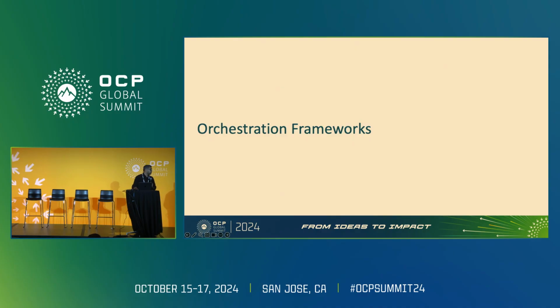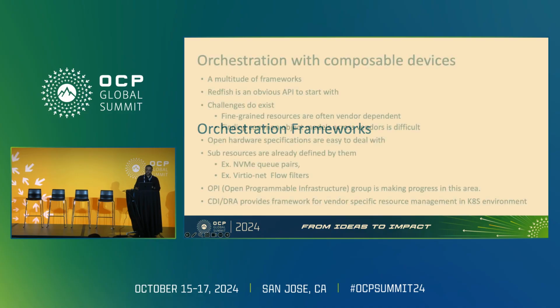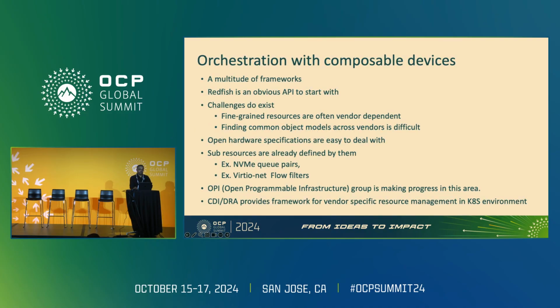Now coming to the software part of it, the orchestration frameworks. We have a multitude of frameworks. Redfish was an obvious API to start with. We do have challenges here because fine-grained resources are often vendor dependent. Every vendor has their own way of doing their hardware, so finding a common object model across these vendors is difficult.